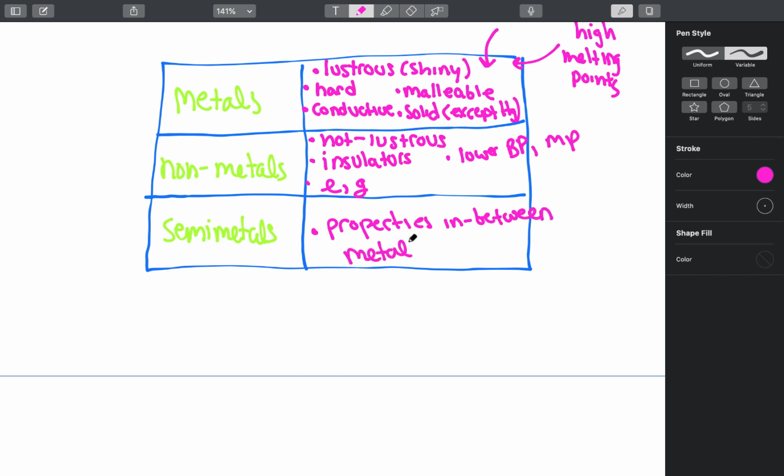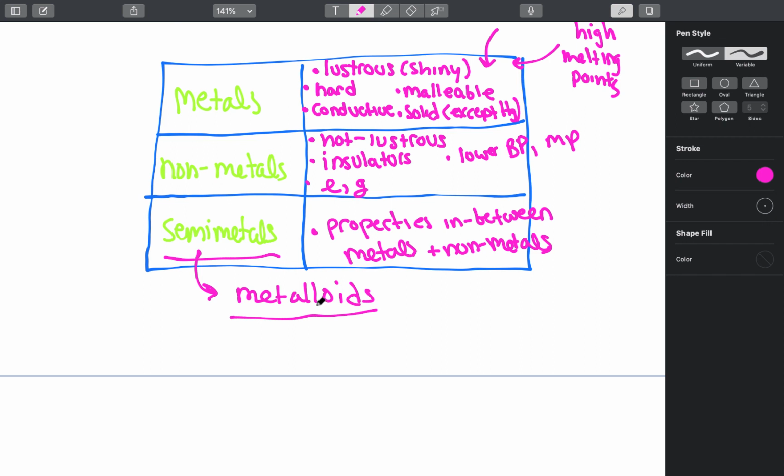So they're like the intermediates. Okay, and they're also sometimes called metalloids because of this, because they're the intermediate elements between nonmetals and metals, okay? And another thing to point out too is that they can also be solids, these nonmetals, but they tend to be brittle.